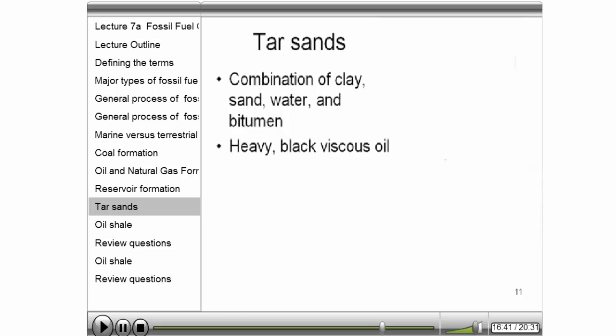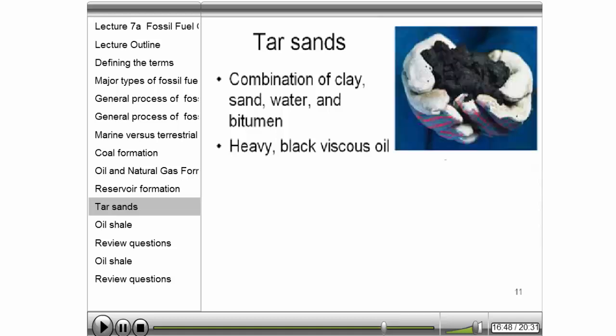Its characteristics are very heavy, black, viscous, very thick, almost sticky oil, and hence the name tar, and it holds together fairly well. If you can imagine, trying to get the oil away from those individual grains of sand out of a lot of different small pores is very difficult.